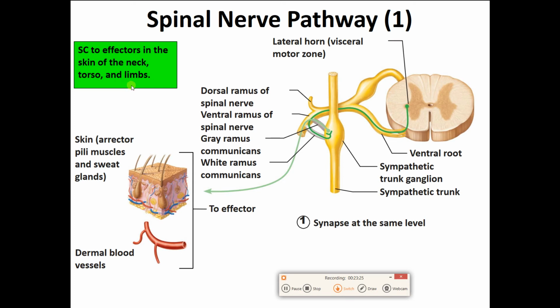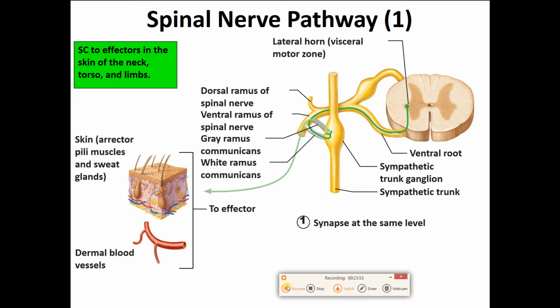So this is how we get to effectors in the skin of our neck, our torso, and our limbs. We use a spinal nerve pathway: out of the cord, ventral root, spinal nerve, ventral ramus, white ramus communicans, sympathetic trunk ganglion, gray ramus communicans, ventral ramus, onward to the effector.